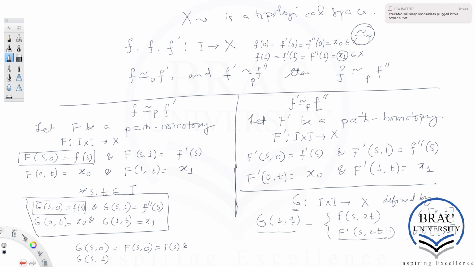So G of s comma 1 is equal to F of s comma 1, and F of s comma 1 is f prime of s.